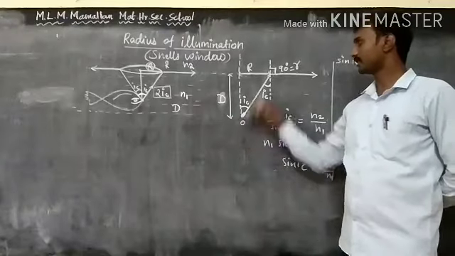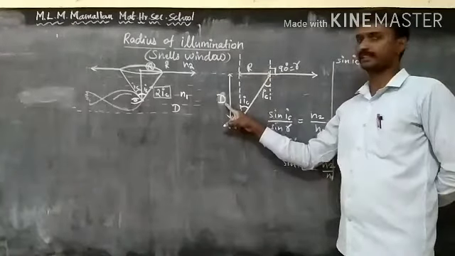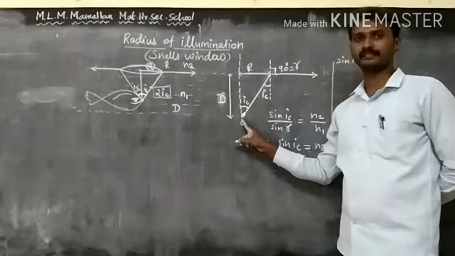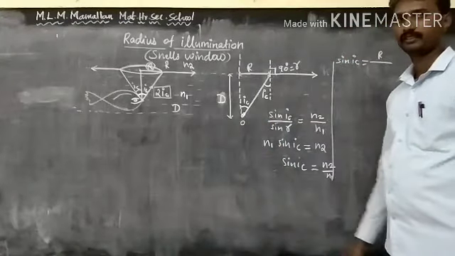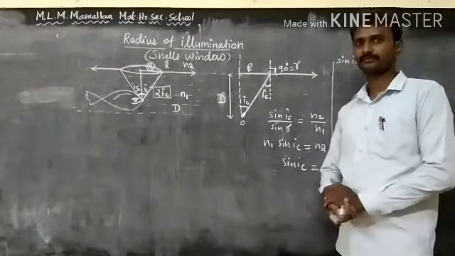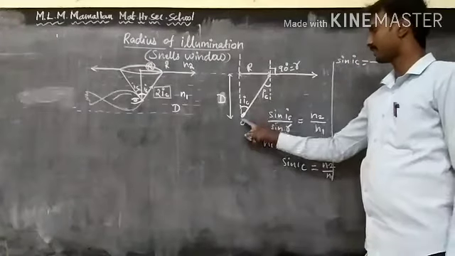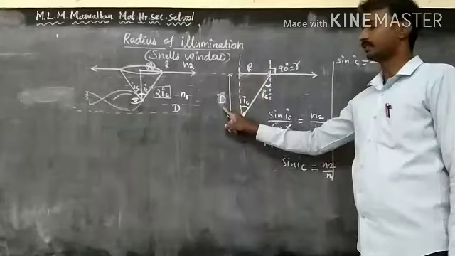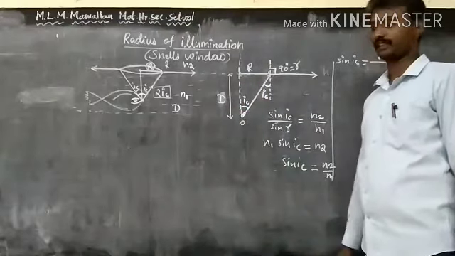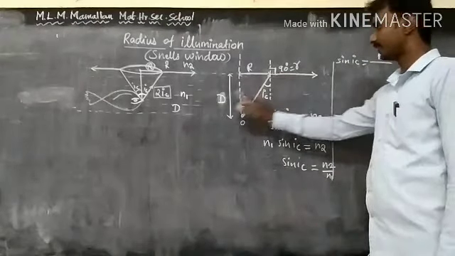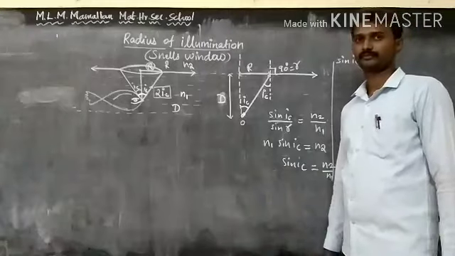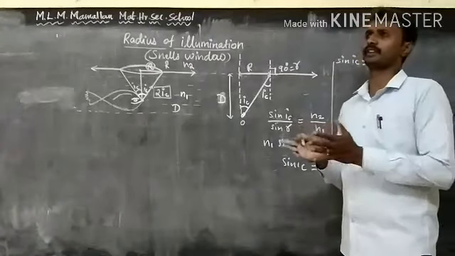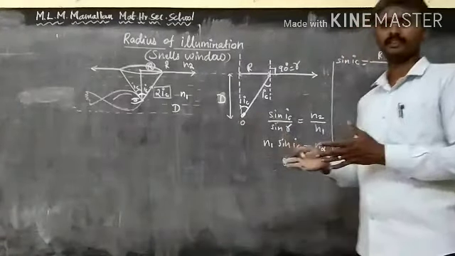Here we know the opposite side and the adjacent side. Then how to find the hypotenuse side? Yes, by applying the Pythagoras law. This hypotenuse side is equal to square root of R square plus D square, on the basis of AC square equal to AB square plus BC square.